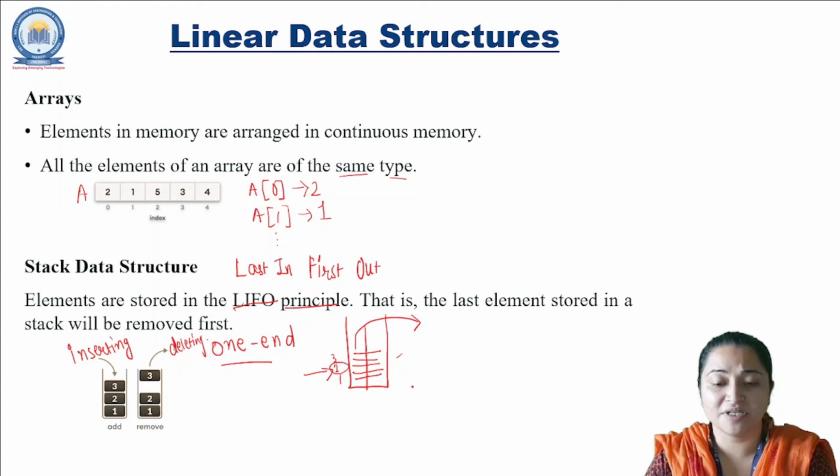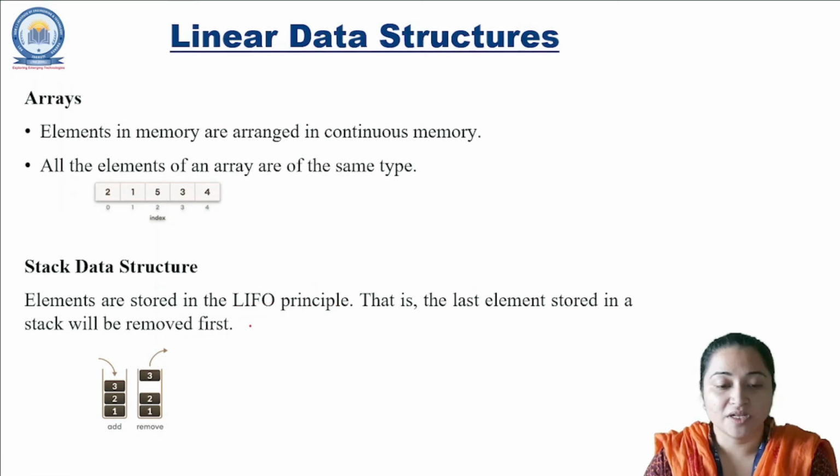Another example can be a stack of plates which are arranged in a box. If we have a box and we have a number of plates in this box, then this can be an example of a stack. One more example of stack data structure is undo and redo operation.